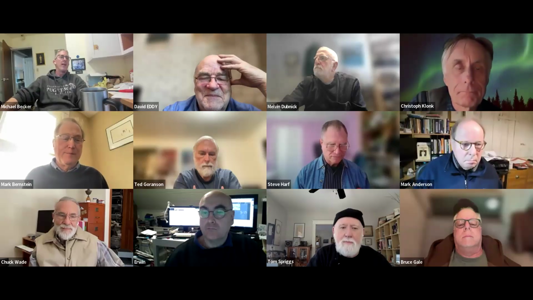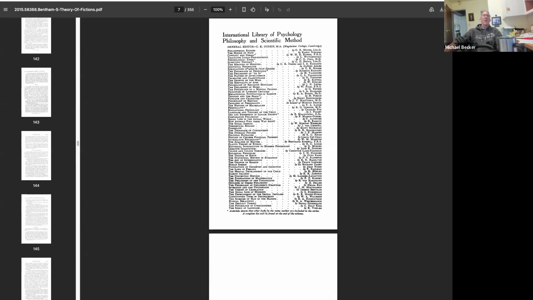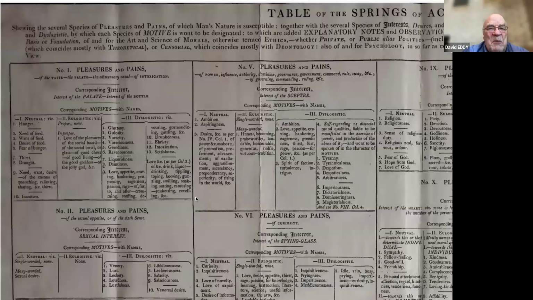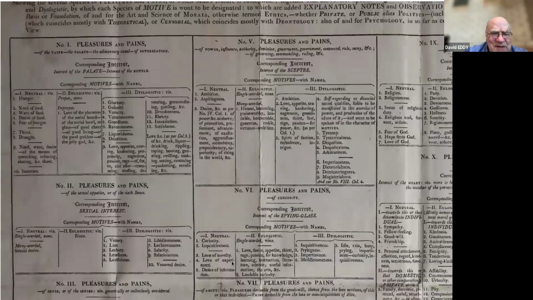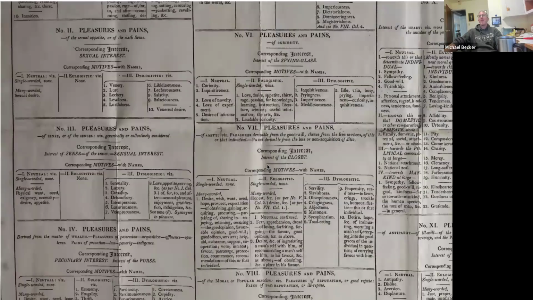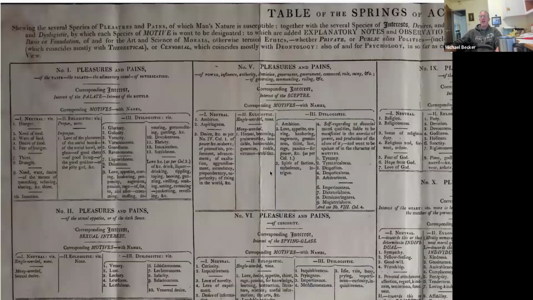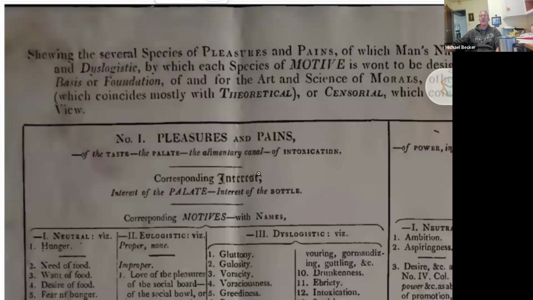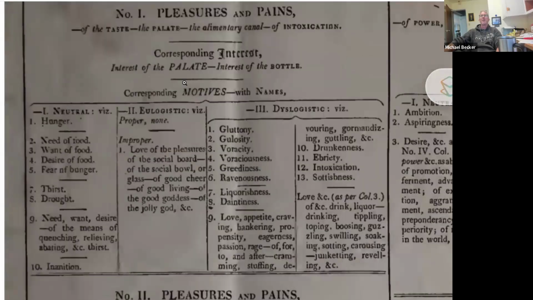So anyway, this is not what I was looking for, but this is an example coming out of his paper. Again, I haven't read this, so I can't really give quotes on it, but he'll say something like pleasure and pain. So you've got a neutral word, a eulogistic word, and a dyslogistic word, I guess is how you pronounce it.